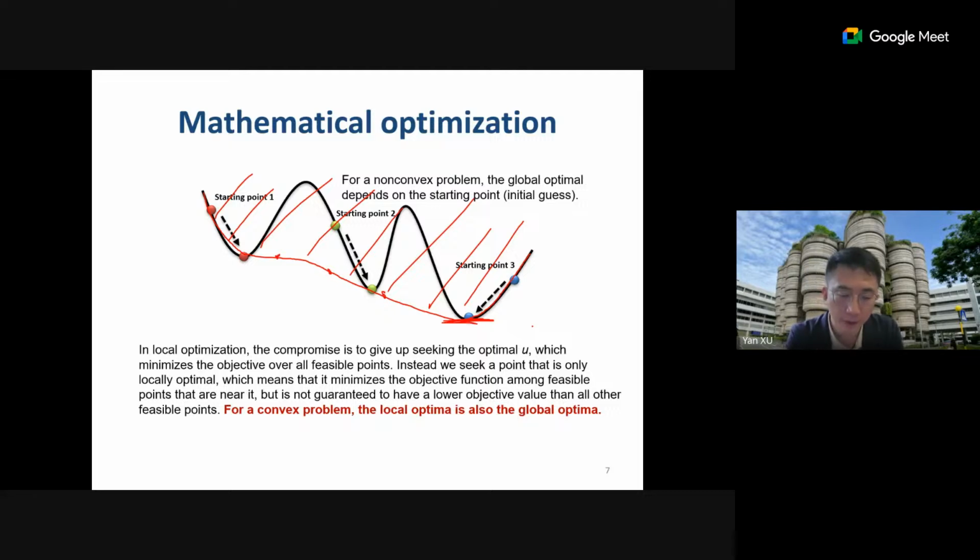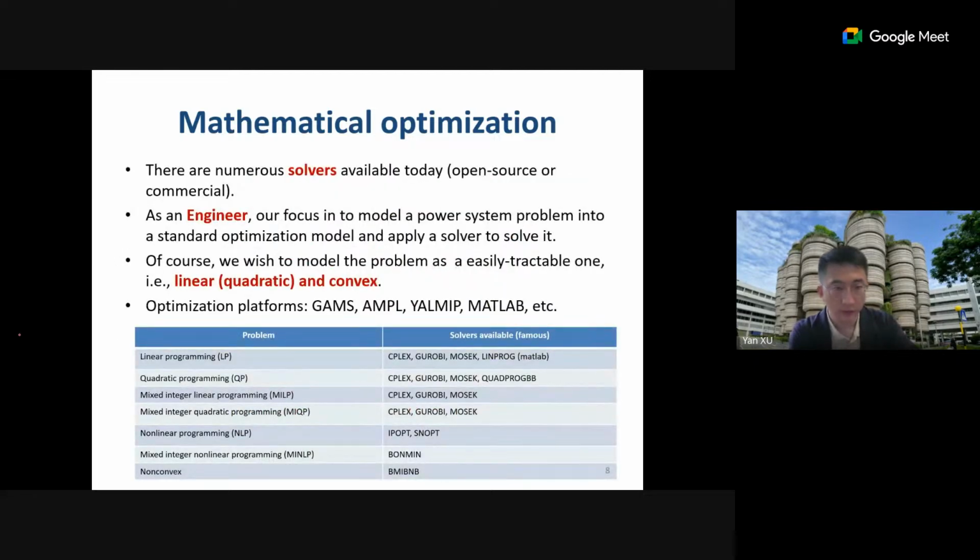So in the mathematical optimization area, convexification is one of the very effective and sometimes necessary steps in problem modeling. Even if it's originally non-convex, we can still try to convexify the problem. So I have introduced some fundamentals of mathematical programming.